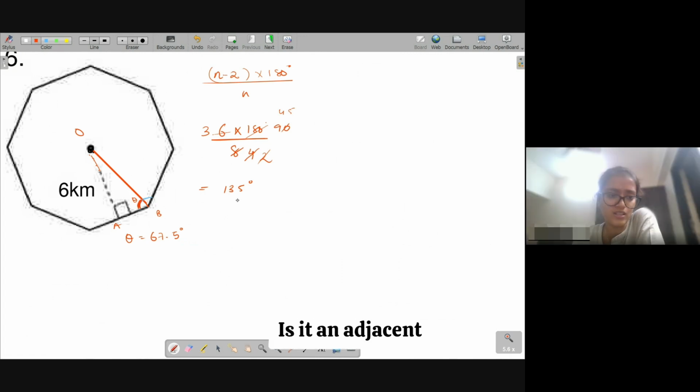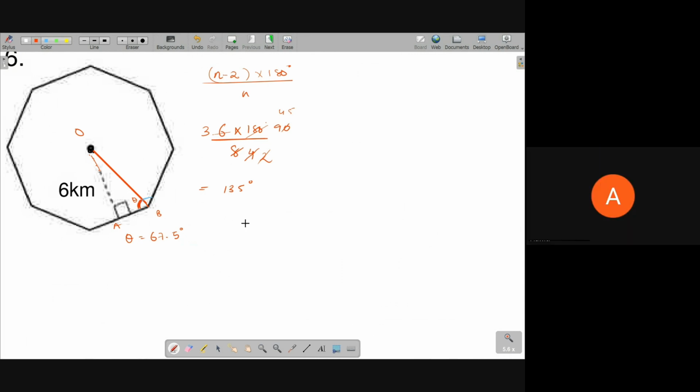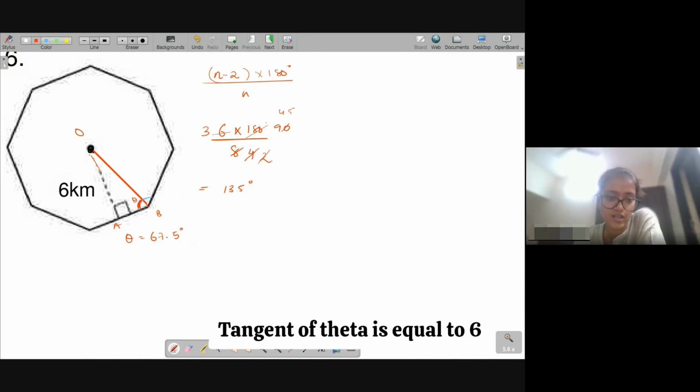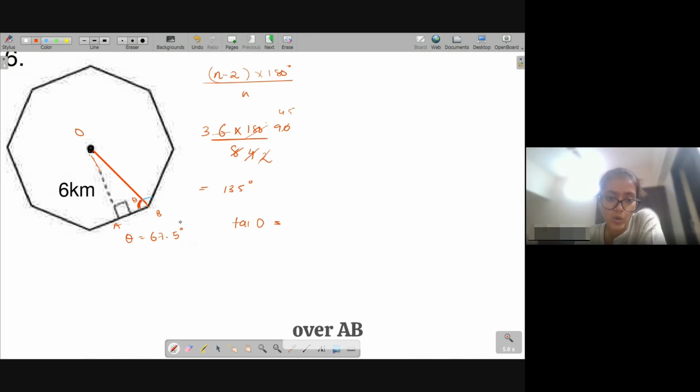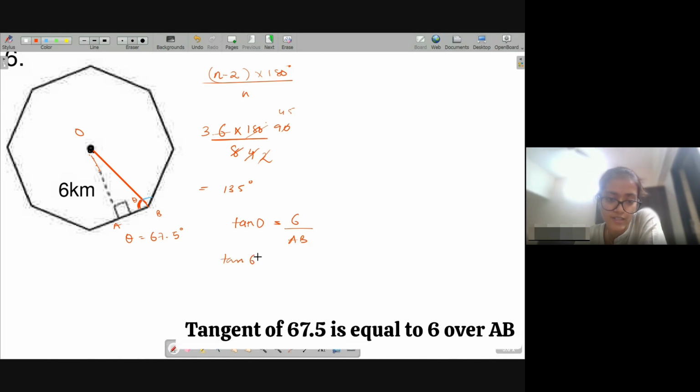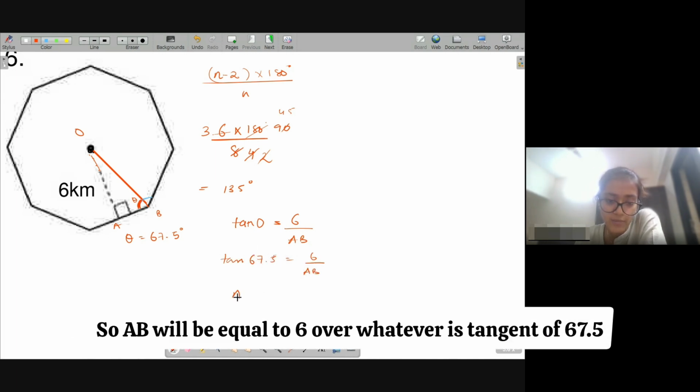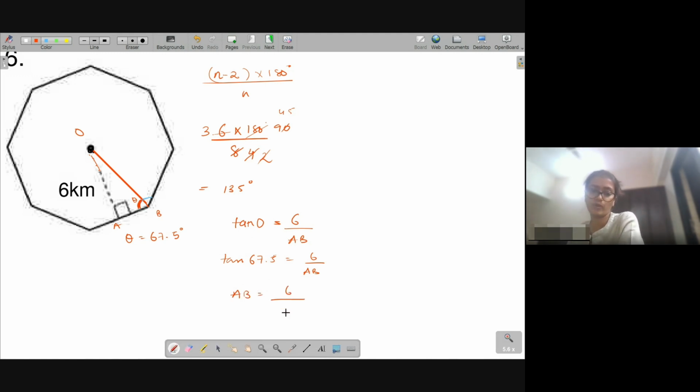Opposite and adjacent. Tangent of theta is equal to 6 over AB. Tangent of 67.5 is equal to 6 over AB. So AB will be equal to 6 over whatever is tangent of 67.5.